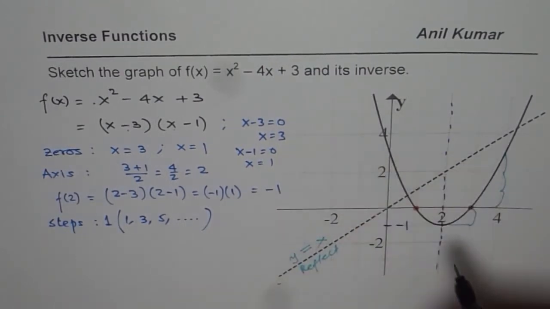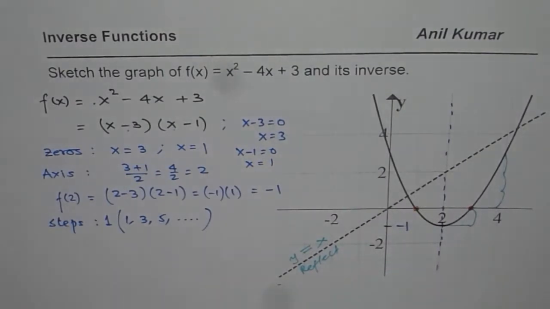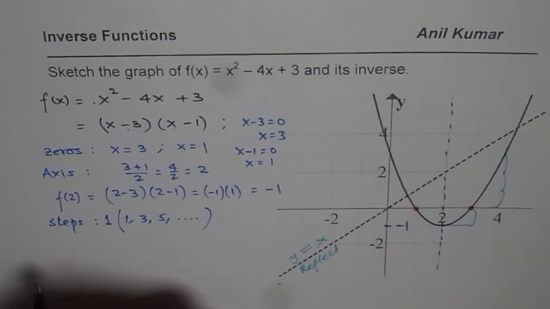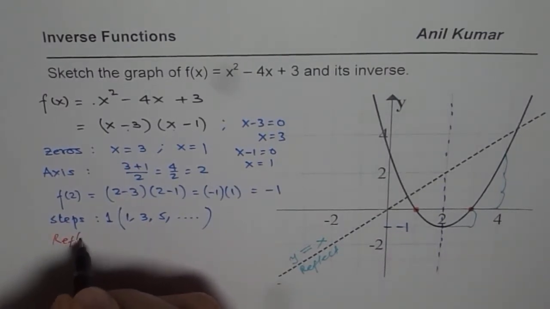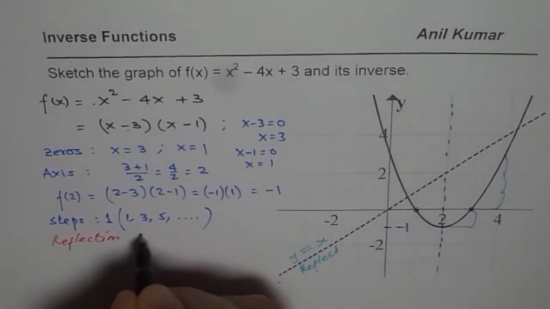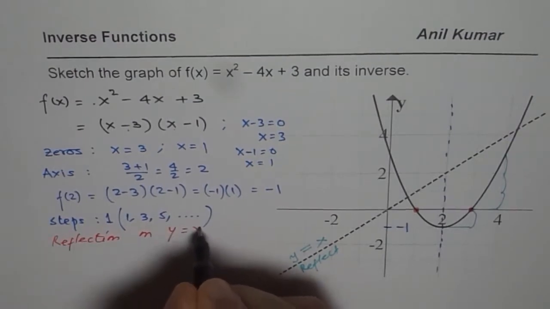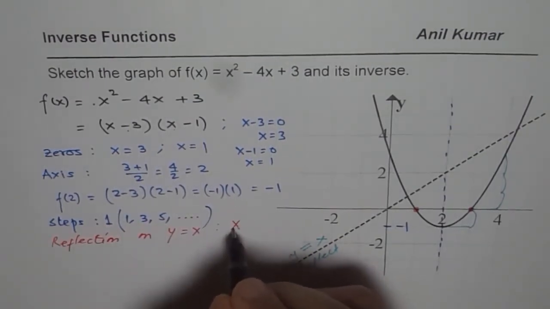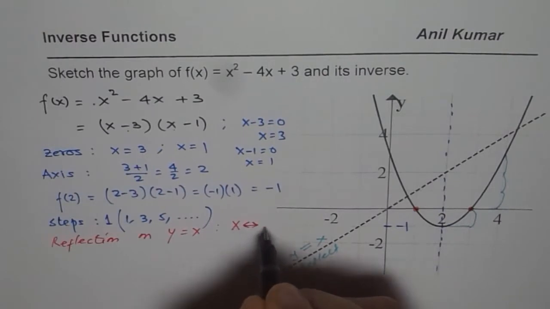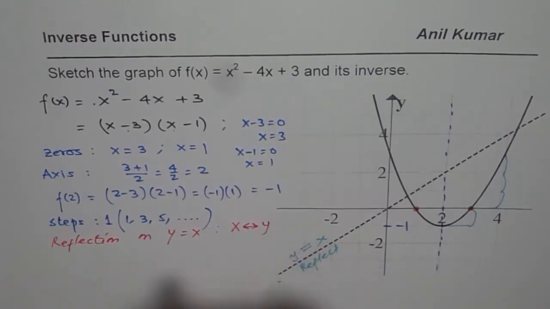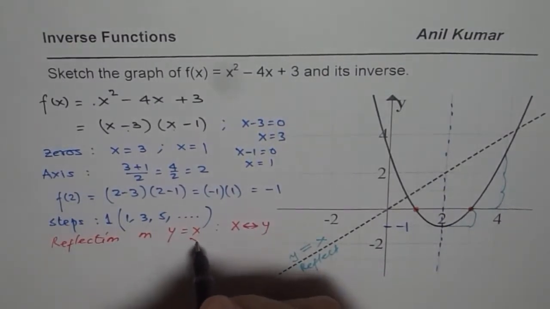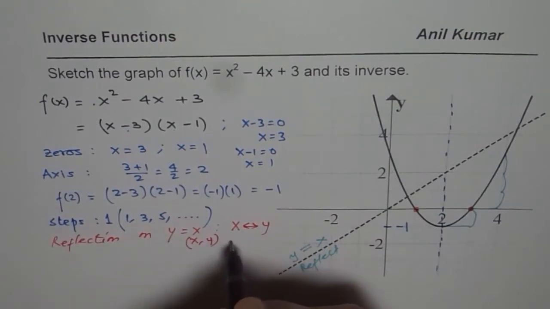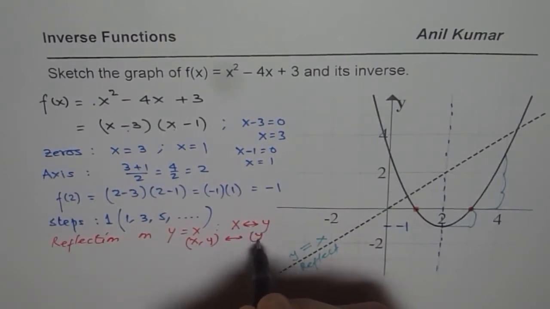If you reflect on this line, what happens? Reflection really means that the x coordinates and y coordinates interchange. So on the function, if I have (x, y) as the coordinate point, on the inverse it becomes (y, x).